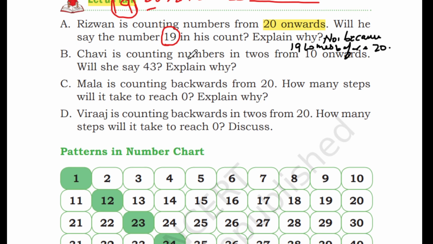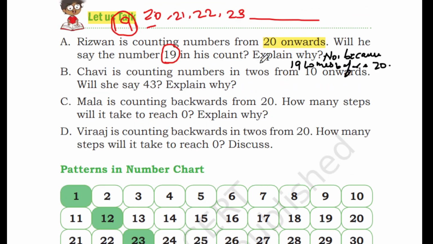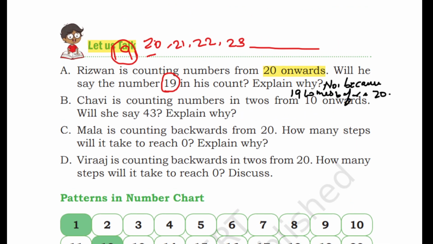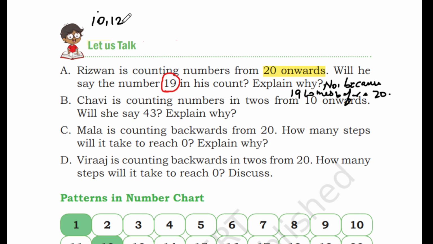Chavi is counting the numbers in twos from 10 onwards. Let's see how she will count. So she will count the numbers in twos. So it will be like this: 10, 12, 14, 16, 18.